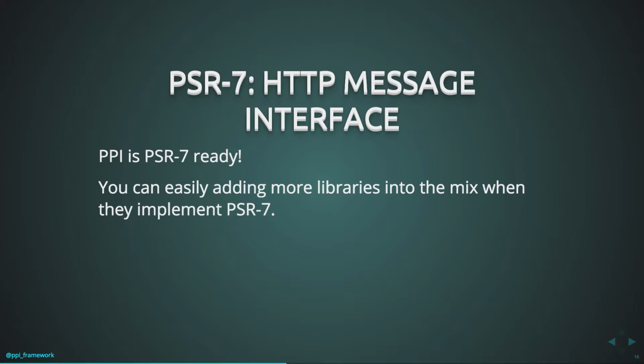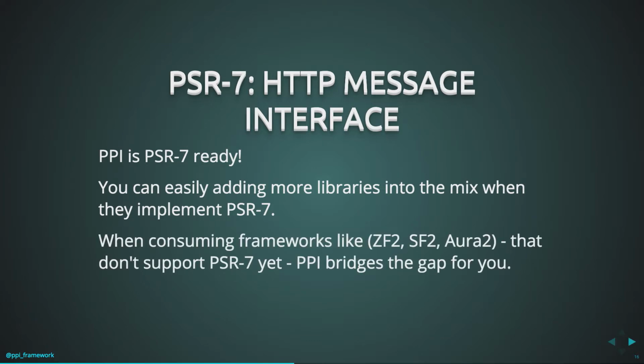This means that you can bring libraries, once they implement PSR7, into PPI, as it's already using request response interface. And this means that PPI will provide the bridge for consuming other frameworks like Zend and Symfony 2 series that don't yet support PSR7.